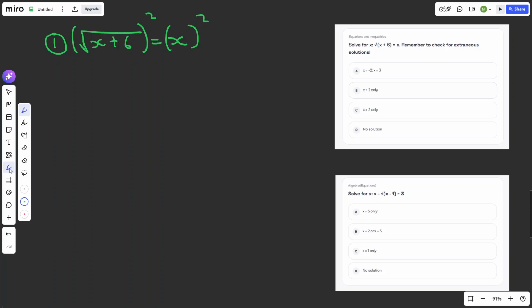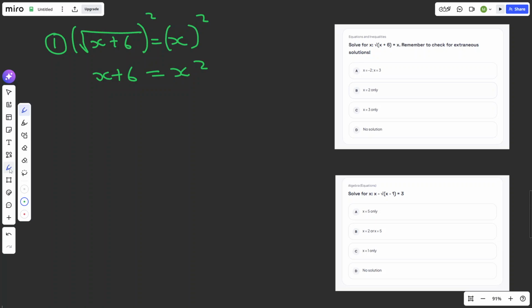So in the next step, once we've squared both sides, our equation simplifies to x plus 6 is equal to x squared. In this format, it's easier to break this down and solve for x.